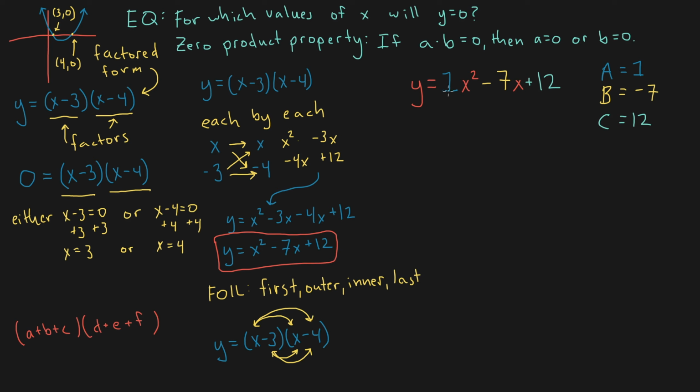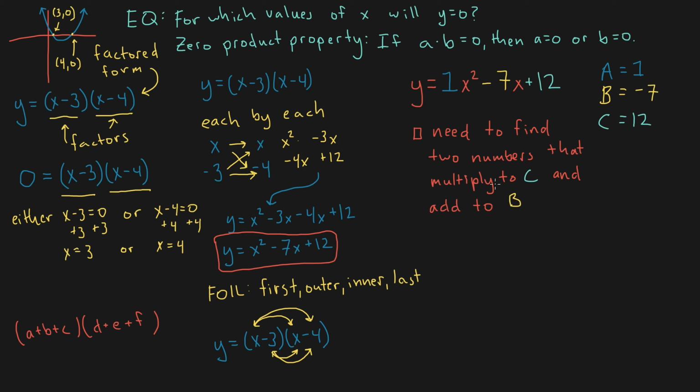Now the reason that I've written out the coefficients in different colors and given them letter names is because when we have an equation in standard form that looks like this, then in order to factor it, we need to find two numbers that multiply to C, or multiply together such that C is their product, and add together to B, which I'll put in yellow.